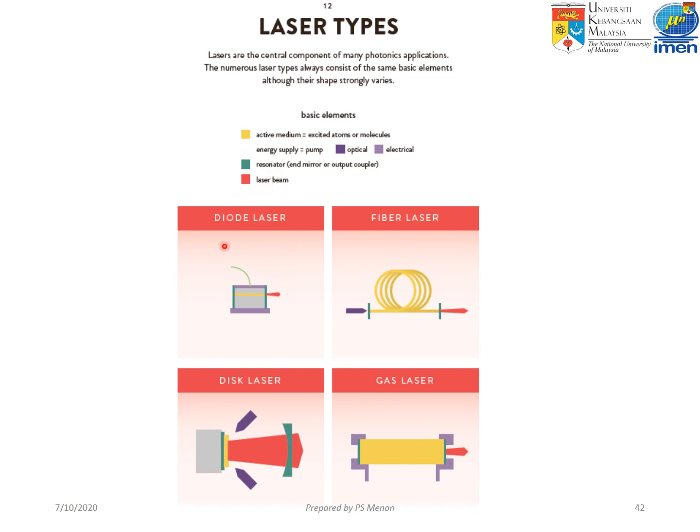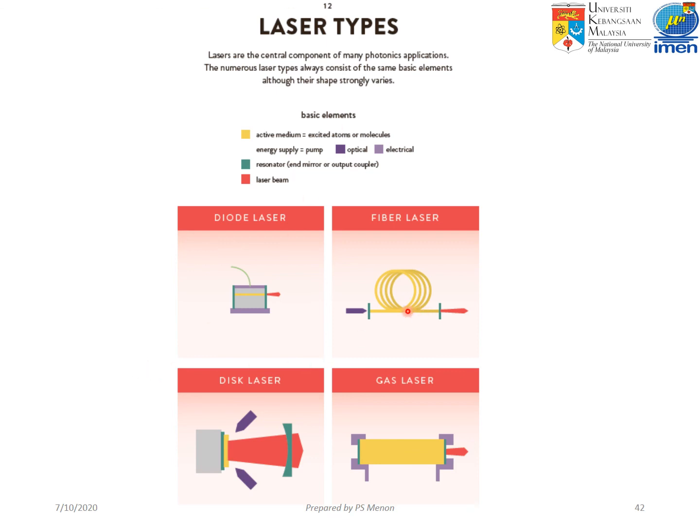So over here we have the diode laser, the fiber laser, the disc laser, and also the gas laser. In a diode laser, the active medium is the one in yellow, the energy supply is electrical, in light purple, and the resonator is the one in green. Light resonates here, and when it gains enough power, it is emitted out as a laser beam.